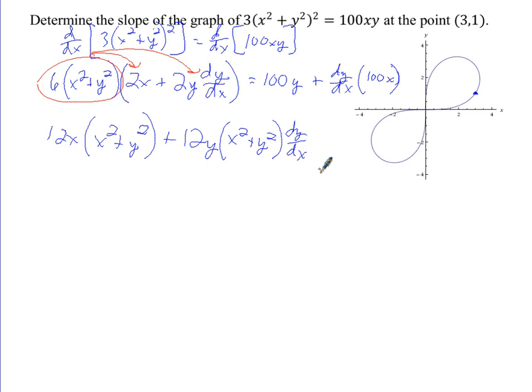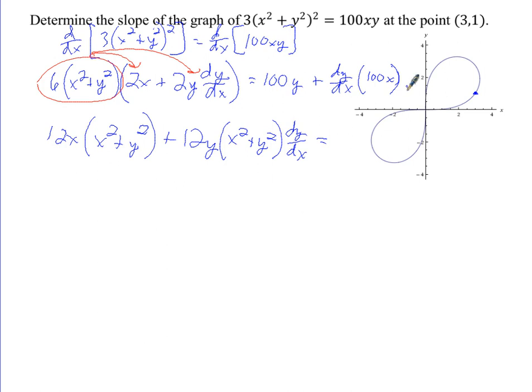Now look what happened. We're done on that side, and now we can get the dy over dx term by itself. If you had FOILed, you would have created all sorts of dy over dx terms, and the ugliness would have continued. But now this is actually kind of relaxing to me. I feel good right now.